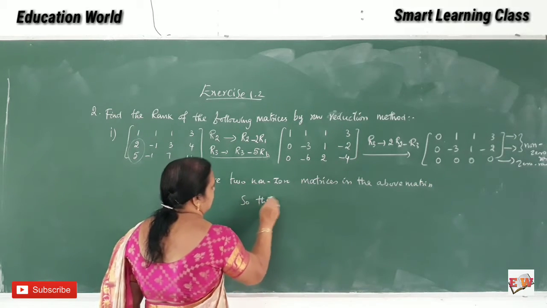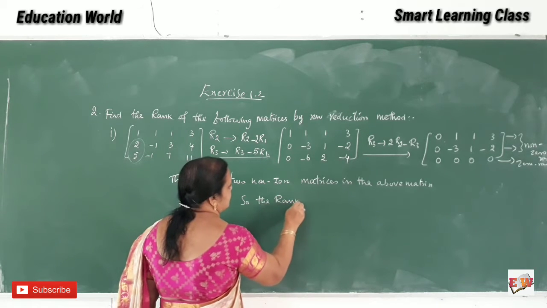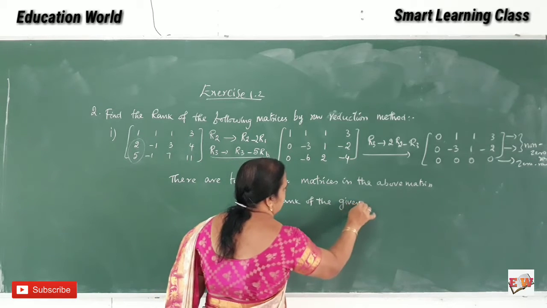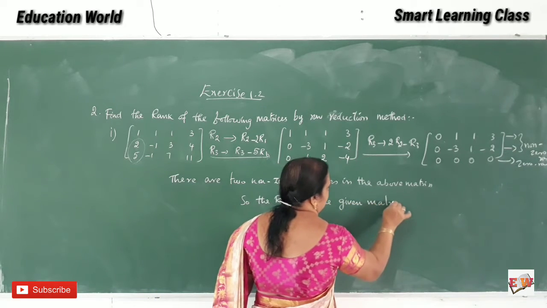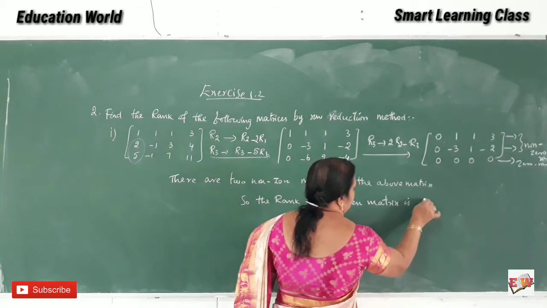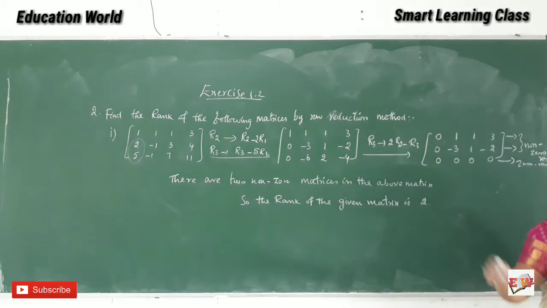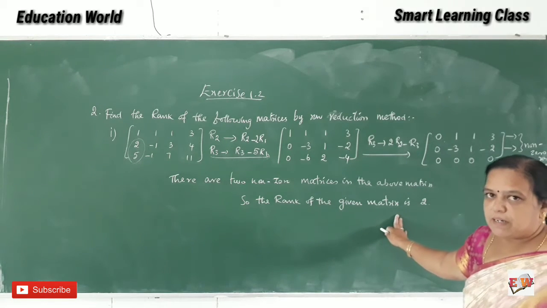So the rank of the given matrix is, what is that? 2. Why? Here 1 zero row is there, 2 non-zero rows are there. Already we have seen in one theorem, the rank of the matrix in row echelon form is the number of non-zero rows in it. Okay? So the rank of the given matrix is 2.